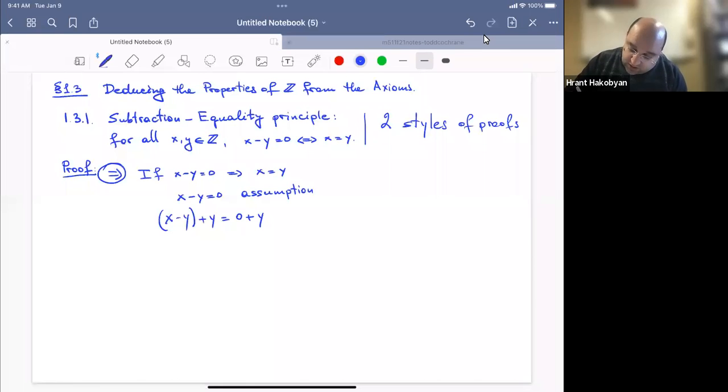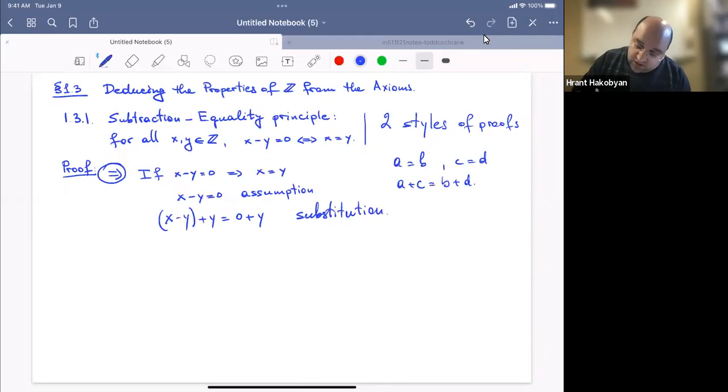So this particular one is the substitution law, which says that if you remember, if you have A equals B and C equals D, then A plus C equals B plus D. And in this case, we have that x minus y, which could be our A, is equal to 0, which could be our B, and then C and D could be y in both cases.